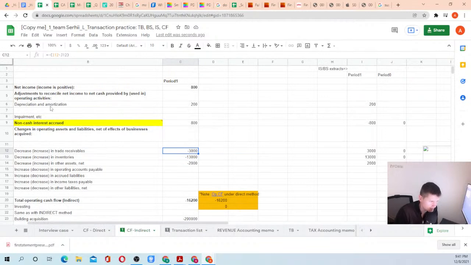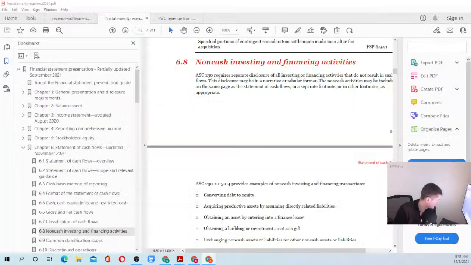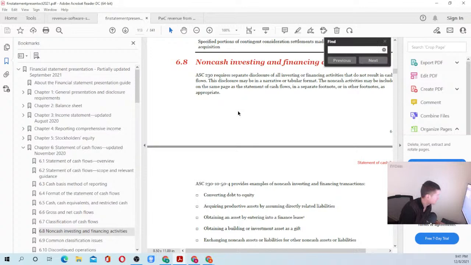But allowance is actually a non-cash item, so let's check the guidance regarding allowance.